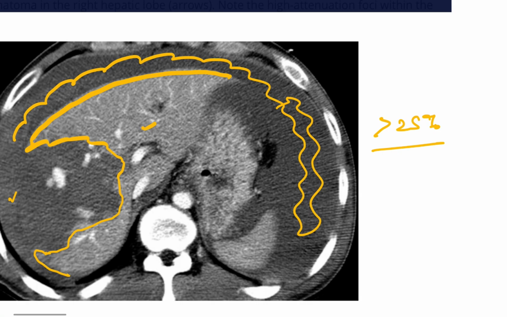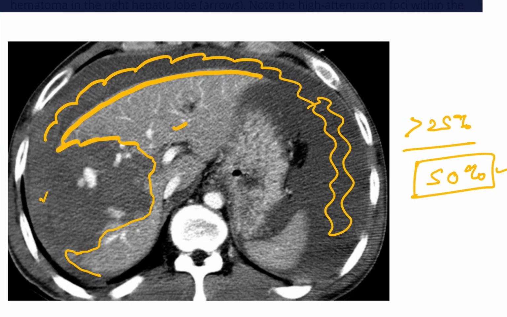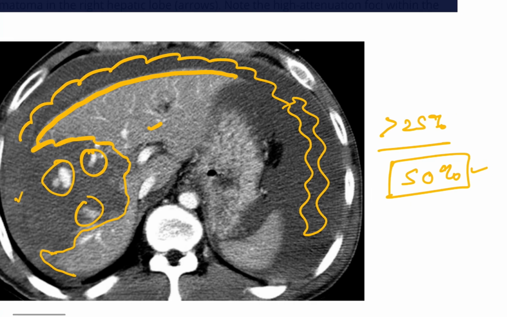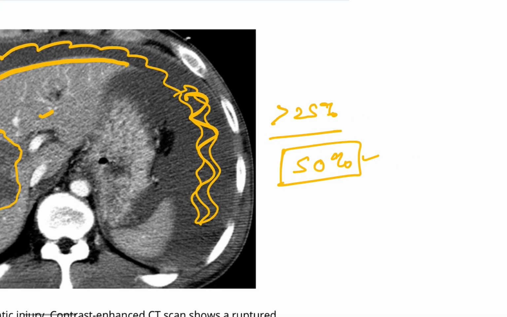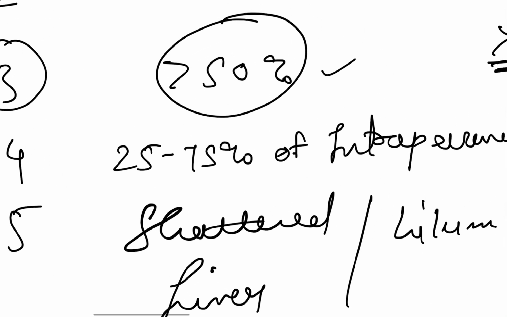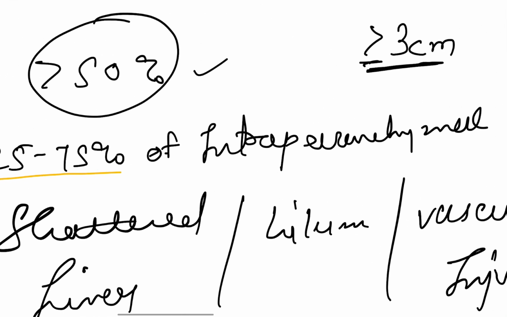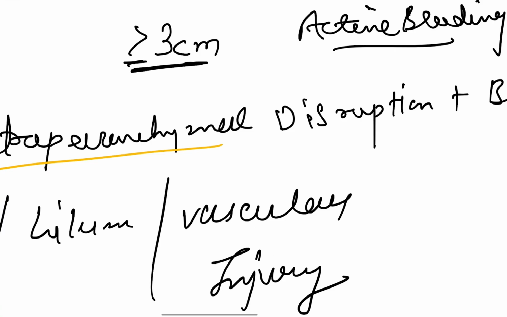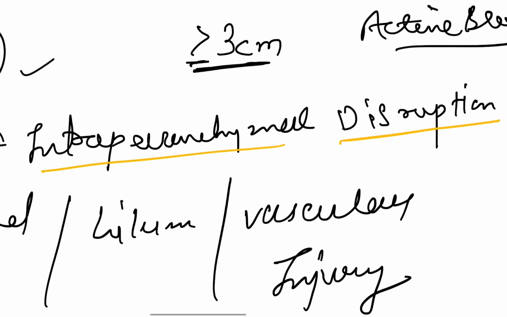It is around 50 percentage approximately. And there is extravasation of blood here and there's an intraperitoneal hemorrhage, so it is grade 4 because I explained to you what is grade 4. Grade 4 means 25 to 75 percentage of the intraparenchymal disruption plus active bleeding.